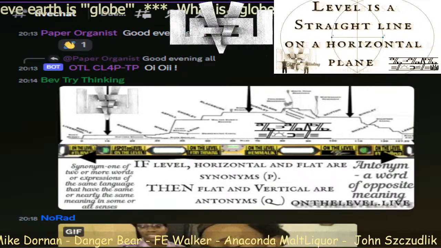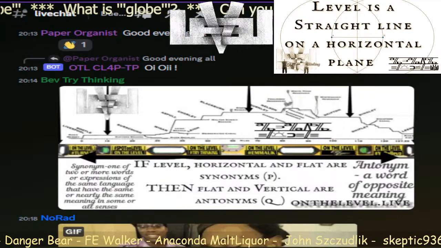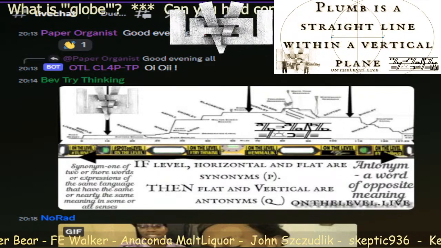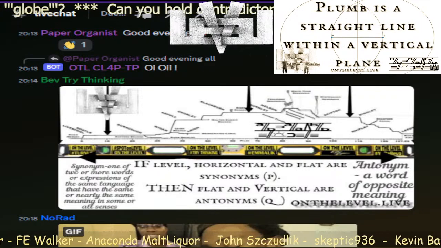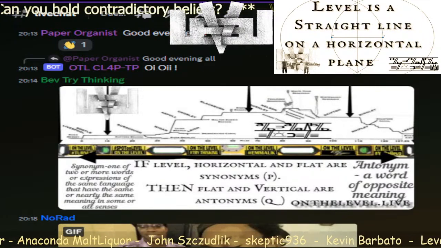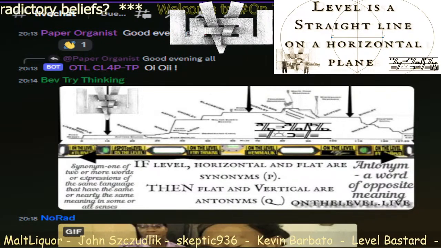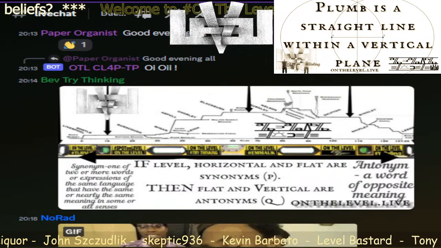And what would you say if I said the dictionary says they are? You can check this out for yourself. Horizontal and vertical are antonyms.